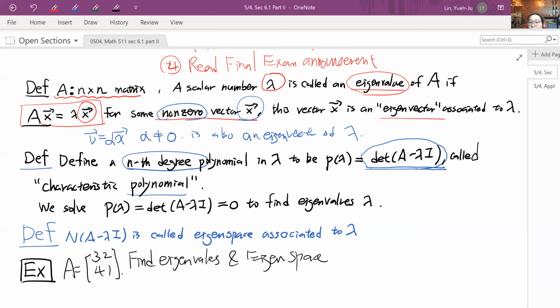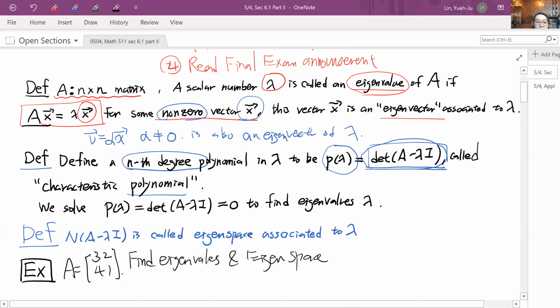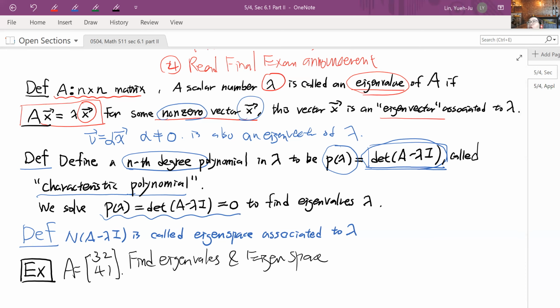And that's the eigenvector we are looking for. So basically, you form this polynomial, which you can call P of lambda. This is what we call the characteristic polynomial. You want to solve this polynomial equals 0, and whatever roots you find are the eigenvalues. So this is just a quick short review of what we have done last time.